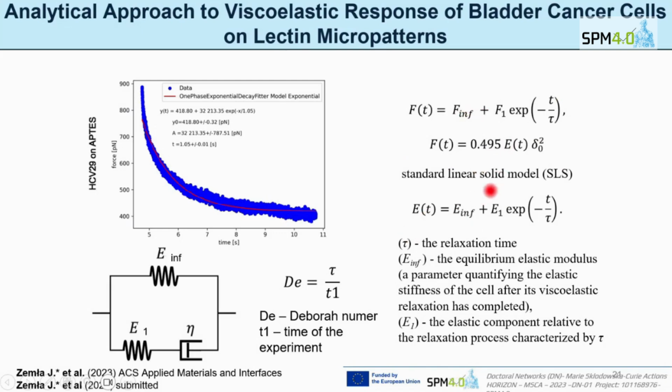And we have three parameters. The equilibrium elastic modulus gives us information about elastic properties of cells at the equilibrium state. So if we impose the deformation, we wait, the cell relaxes, and at some point we get the equilibrium state. So this is the modulus describing this effect.